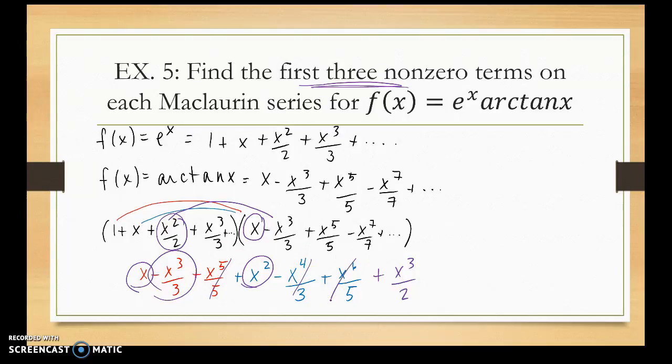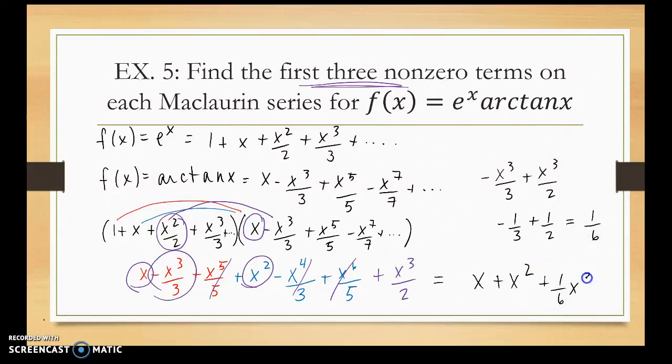I just have to make sure that the multiplication gets me the proper exponents. So now when I put these together, the first three non-zero terms would be x plus x squared, and now let's do a little negative x cubed over 3 plus x cubed over a half. So negative 1/3 plus a half, that would give me 1/6. So plus 1/6 x cubed.